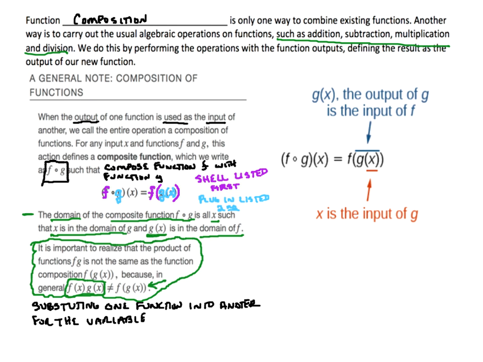This is not the same thing as writing it this way. That second thing written here, that's composition of functions. So two different things going on here. And then this little image off to the right here just shows you again that when you're composing functions, you're plugging one function into another function. So let's see how this actually works.